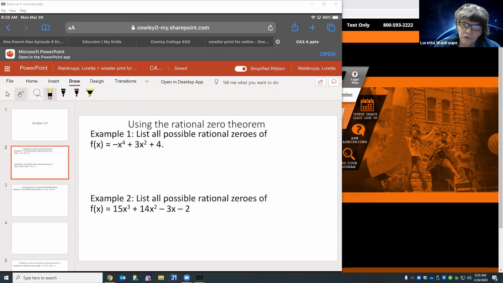And when you're looking at the rational zero theorem, you're looking at what are the possible zeros of that function. Instead of saying it could be anything from negative infinity to infinity, we could narrow it down.